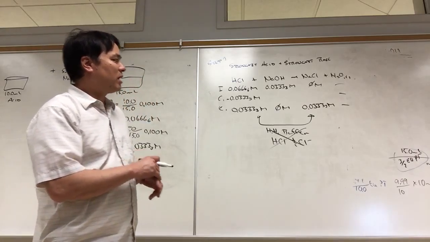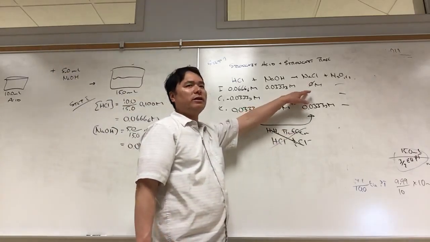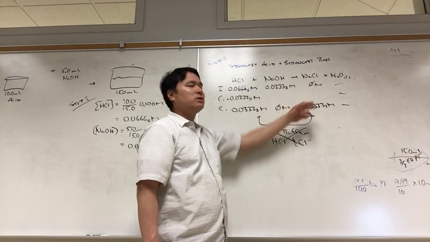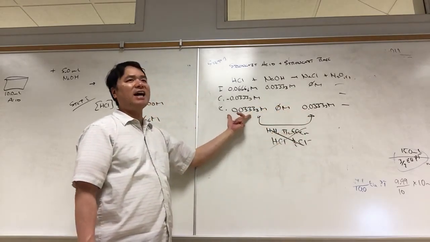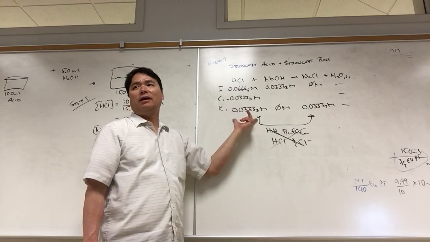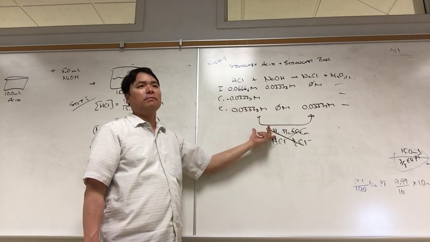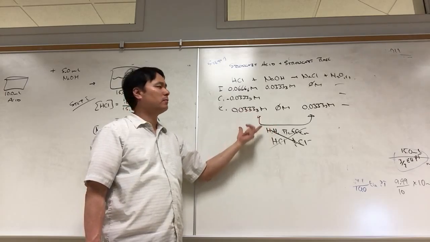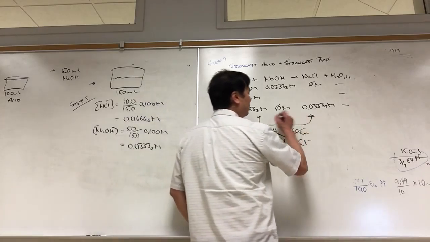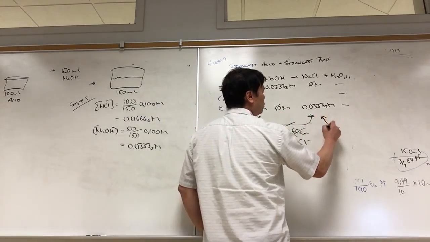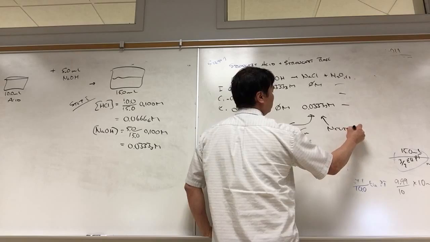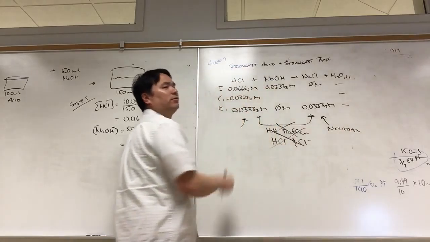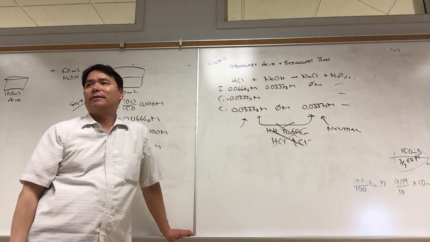In fact, sodium chloride, does sodium chloride hydrolyze water in any way? No, it's neutral. And so basically what we have is just an acid and water, just an acid solution left over. If we have an acid solution left over, and this is neutral, then all we look for are the hydronium ion contributors, right?